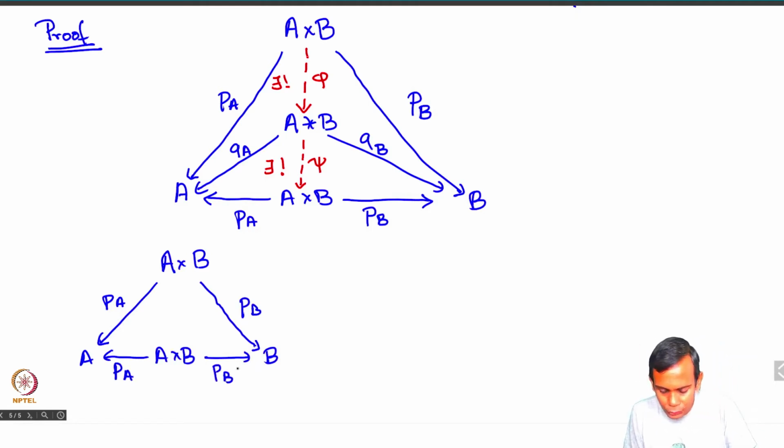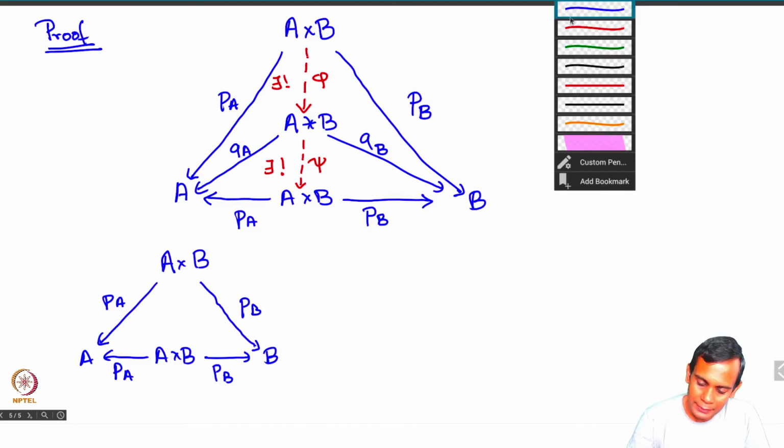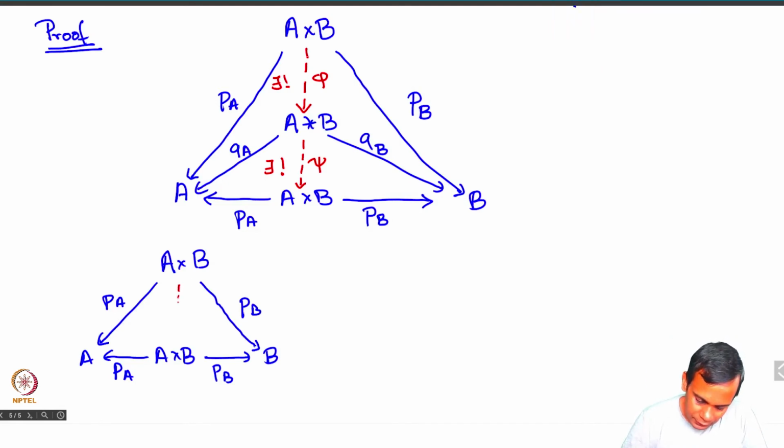Now, the universal property for the product applied to the product itself. So now we are applying the universal property of the product by taking C to be A cross B itself and taking FA to be PA and FB to be PB. So the universal property implies that there exists a unique arrow from here to here, right? Which makes this diagram commute.